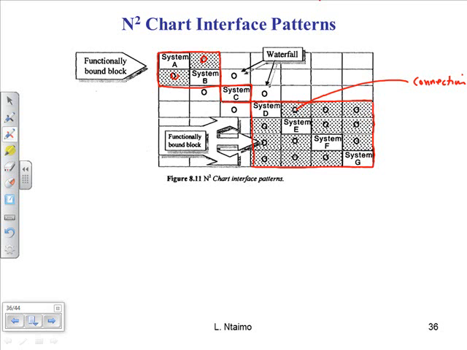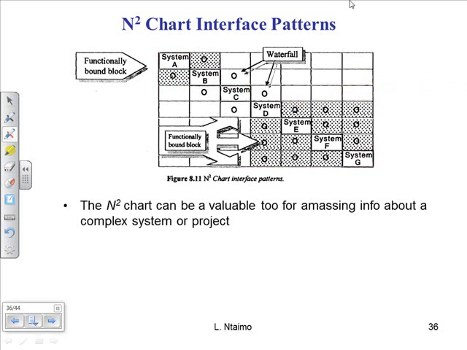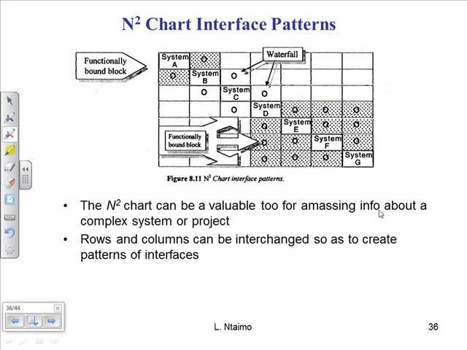So in summary, an n-squared chart can be a valuable tool for amassing a lot of information about a complex system or project. The rows and columns can be interchanged so as to create different patterns. For example, I can move system A from this cell and put it here, and I can move G and put it here, right?